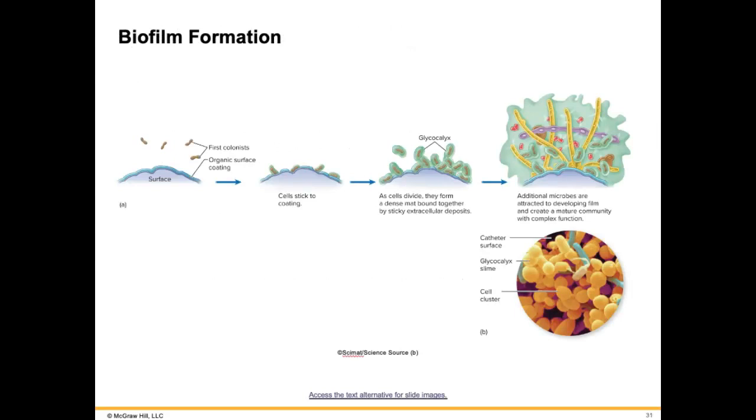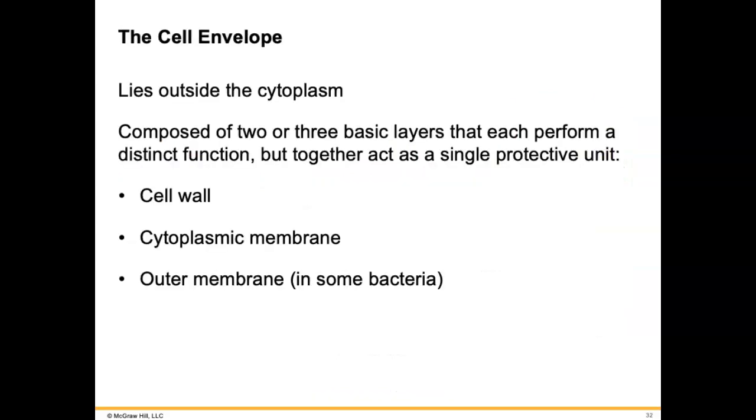This is just an illustration of a biofilm and how they're formed. It's really interesting, but they have a way of calling out to other cells and sending up the alarms, and all of a sudden all these different bacterial cells will arrive. It's much harder to get rid of an infection caused by a biofilm than one caused by a single bacterium.